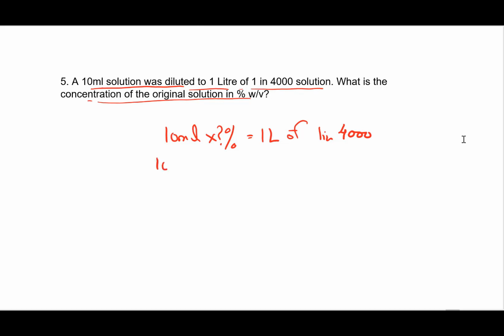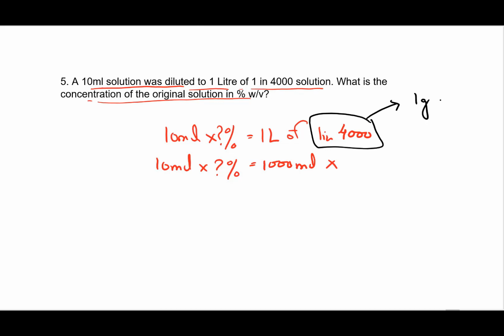So that would be 10 mils. Percentage strength I have to find out of the original solution. Let's convert this 1 liter into 1000 mils. And 1 in 4000, let's find out what is 1 in 4000 in percentage. So 1 in 4000 means 1 gram in 4000 mils. And I'm trying to convert this into percentage, and remember that percentage is out of 100 mils.